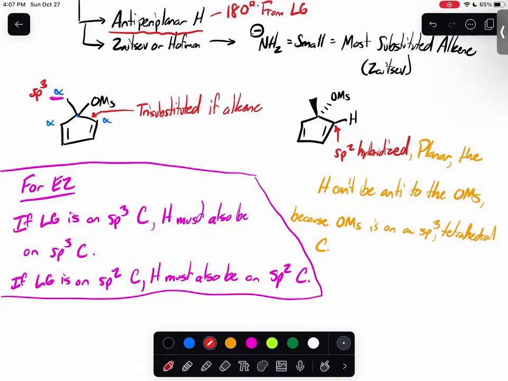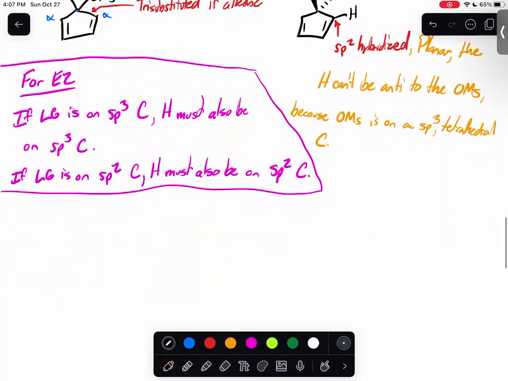So, because of that, we would see that in the mechanism, if we were to even draw this in as a wedge and then the mesyl group on the dash, there's always a hydrogen here of these three that exists that will be 180 degrees from the mesyl group.